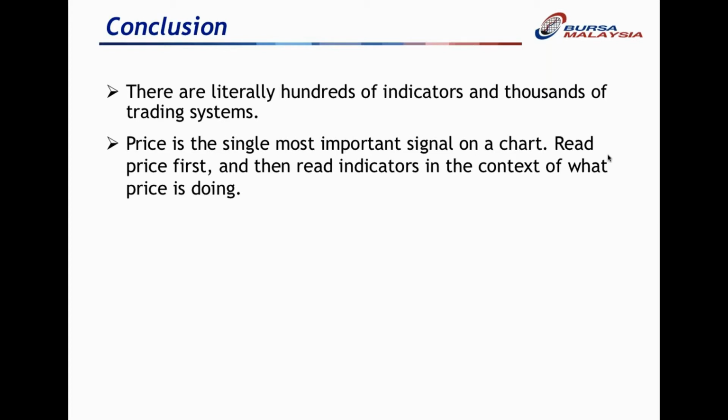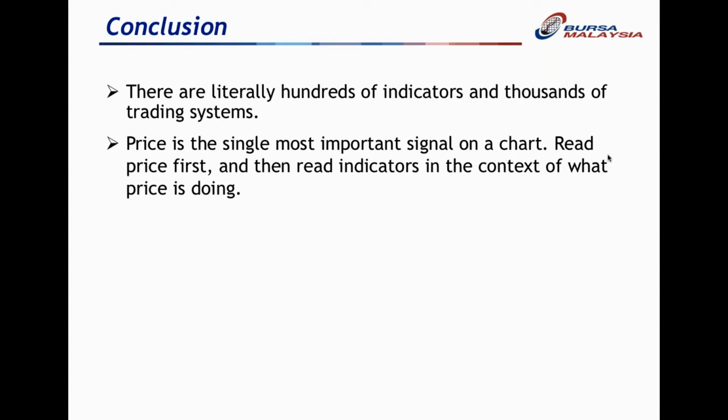Likewise, if I see a resistance level and a shooting star or an evening star right at the very strong resistance level, it is likely to be very reliable. Of course, if it's coupled with a huge volume, it is even more reliable as a bearish reversal pattern.